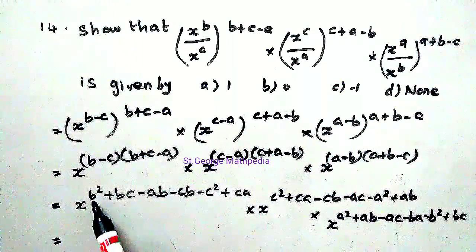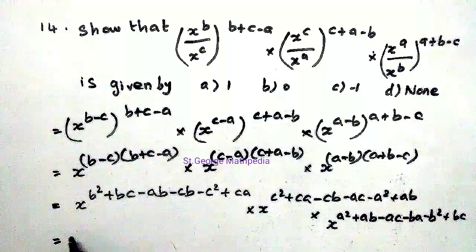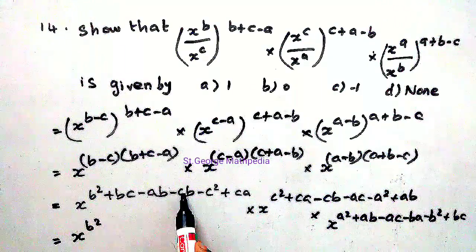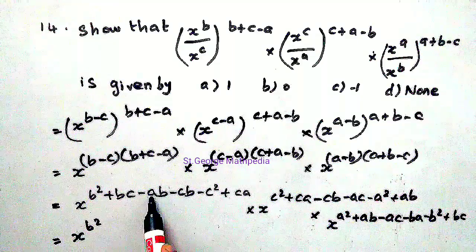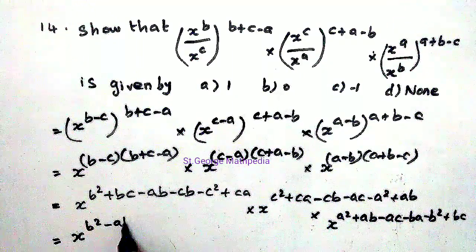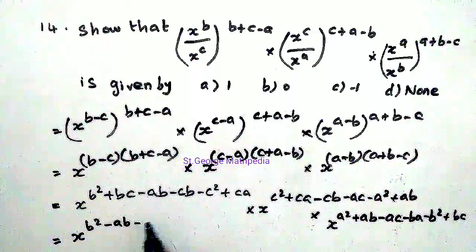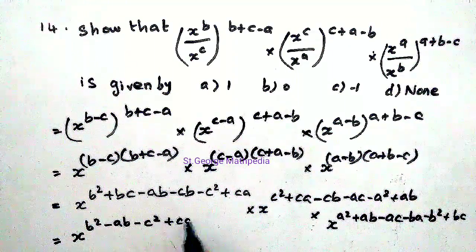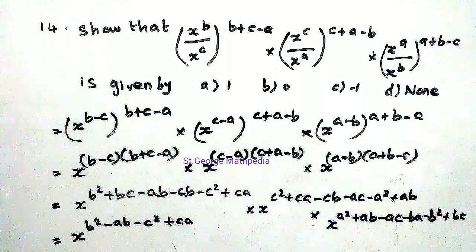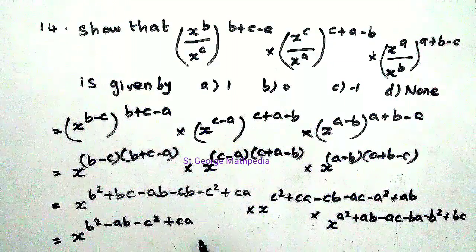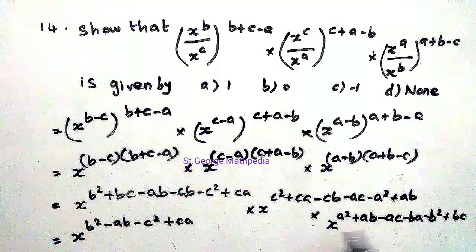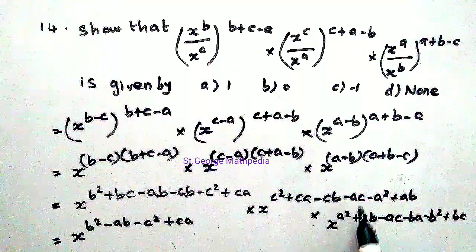Now that is equal to, now b squared, x power b squared, then bc, cb gets cancelled, minus ab, minus c squared, plus ca. Next one. Everything is in multiplication, right?